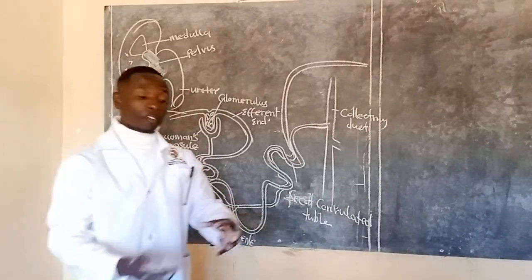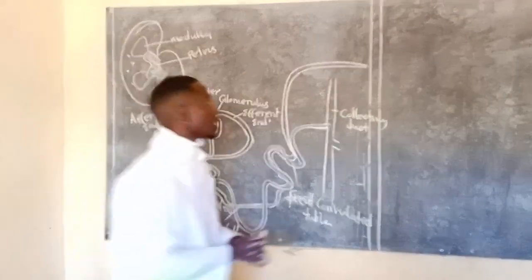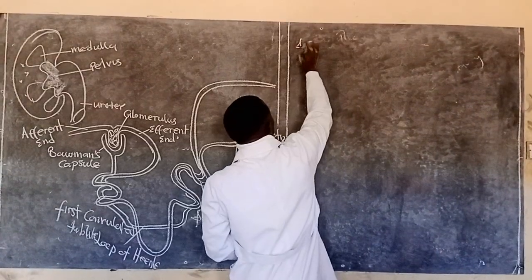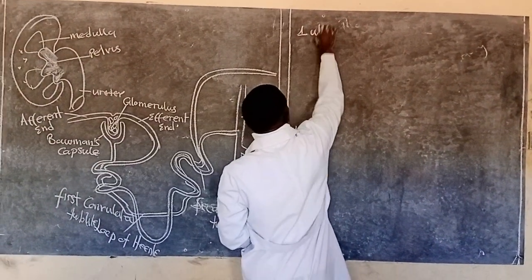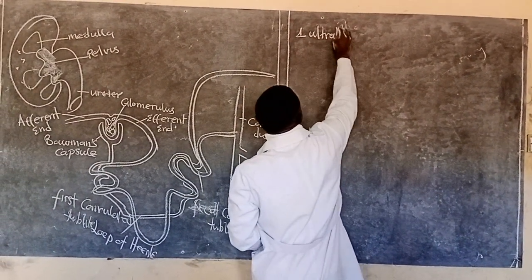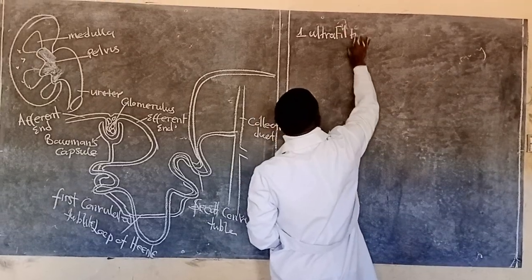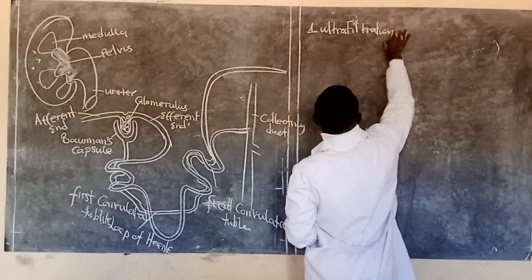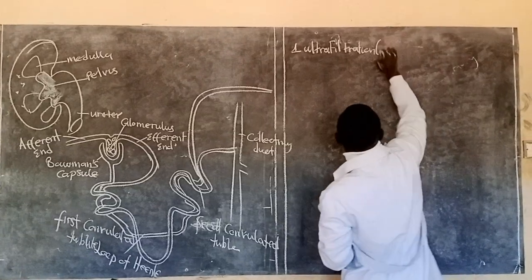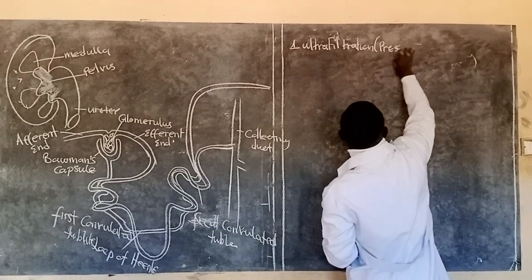Now, in the kidney, for urine to be produced, there are four processes that occur in the kidney. Number one, there is what we call ultrafiltration. Another name for ultrafiltration is pressure filtration.